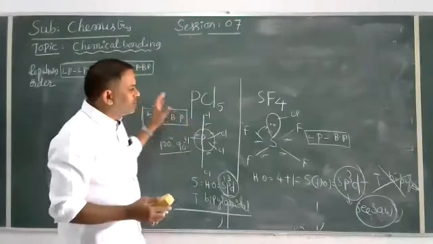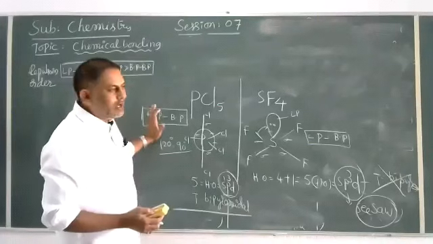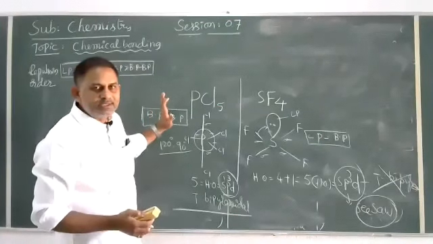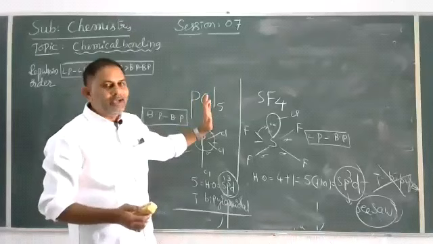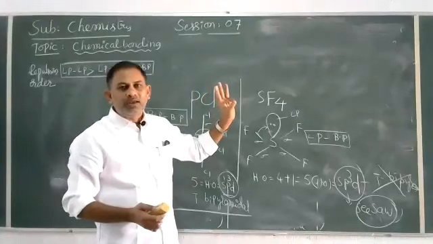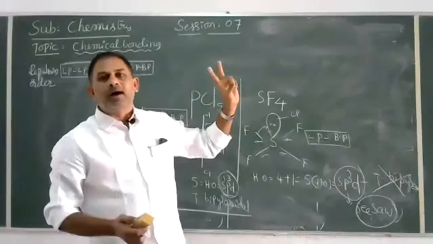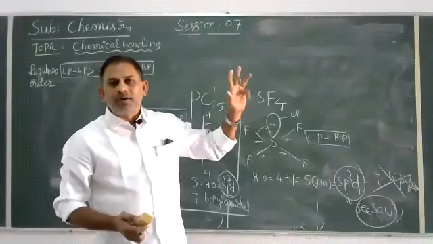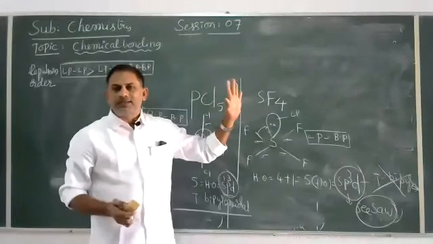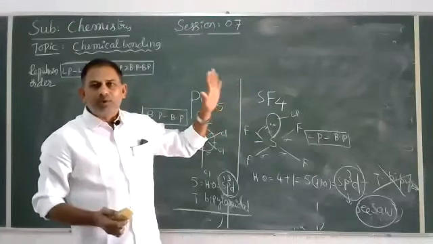Based on the lone pairs and bond pairs, the geometry, bond angles, and bond lengths change. So on the basis of all these points, three theories, VB theory, VSEPR theory, and hybridization, clearly explain the geometry, bond angles, and bond lengths of chemical molecules.